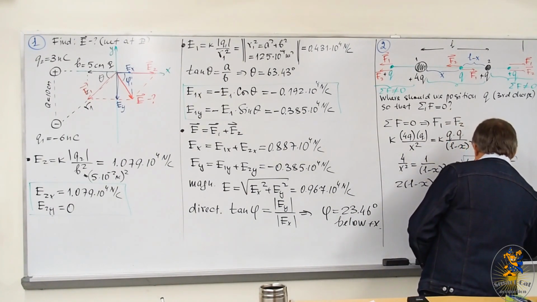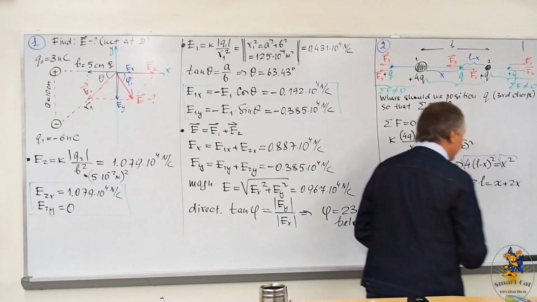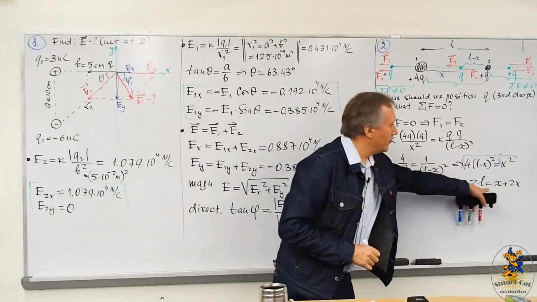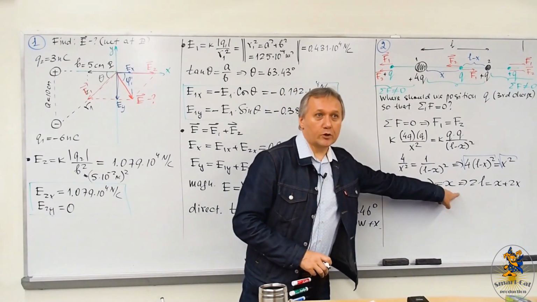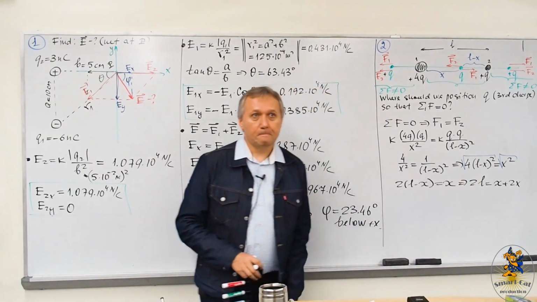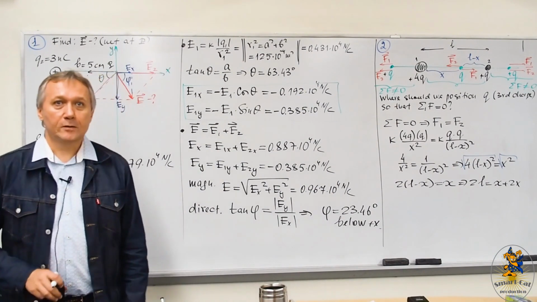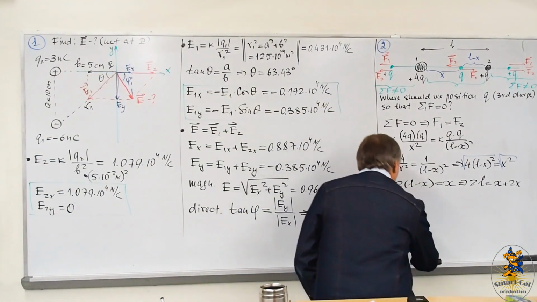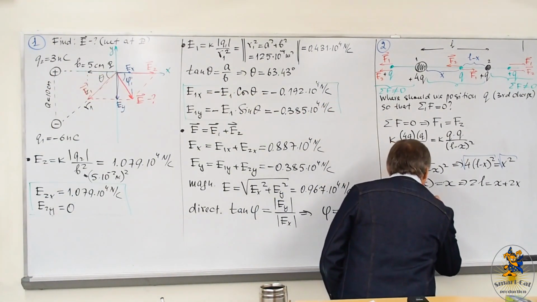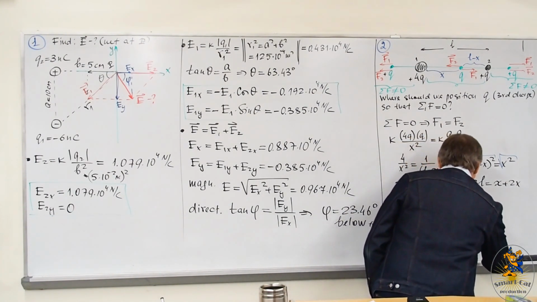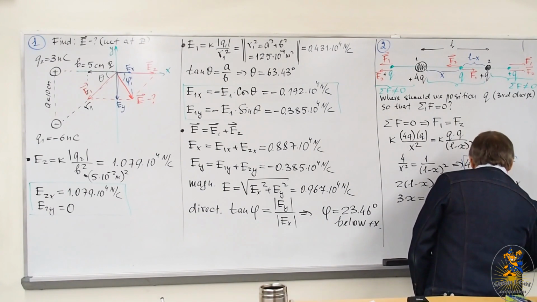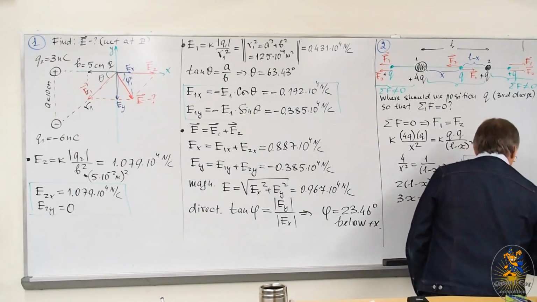So 2L minus 2x equals x, so minus 2x goes to that side with plus. So 3x equals 2L. And of course, as a result, we're getting the answer: x equals 2/3 of L.